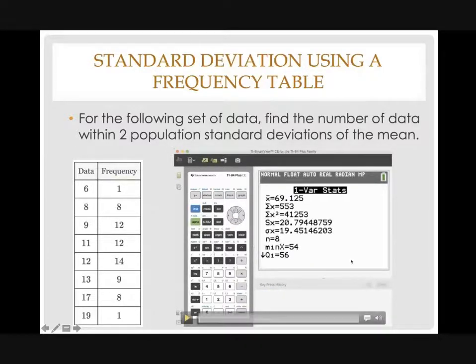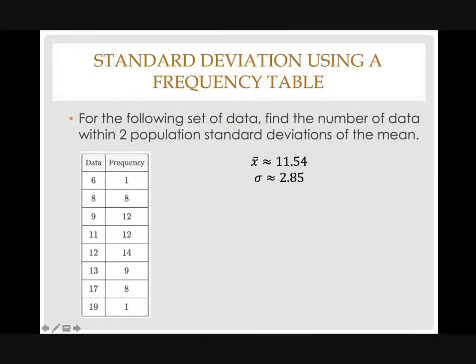So from here, with our mean being 11.54 and our standard deviation being 2.85, we're going to find all the numbers that are plus minus 2.85. And so we get the following range of numbers.